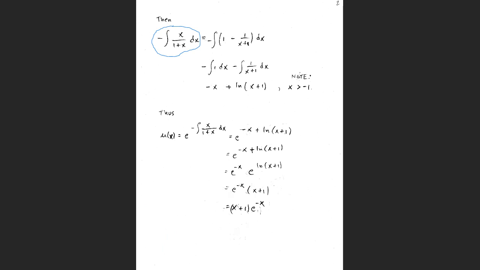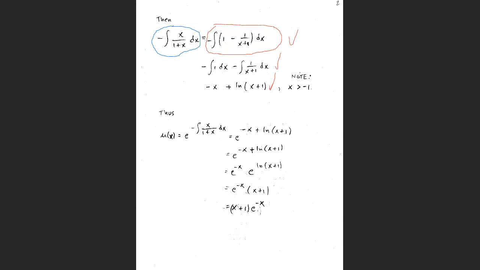Okay, so we established that by long division, that can be written as negative integral of 1 minus 1 over x plus 1. And the integral of the difference is the difference of these integrals. And so this gets you here.